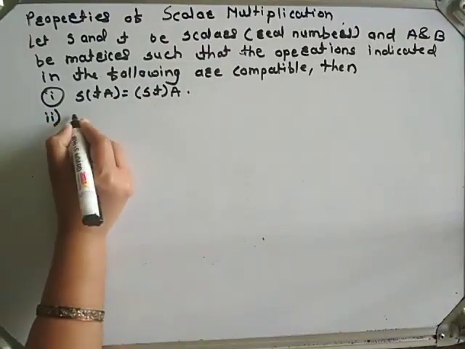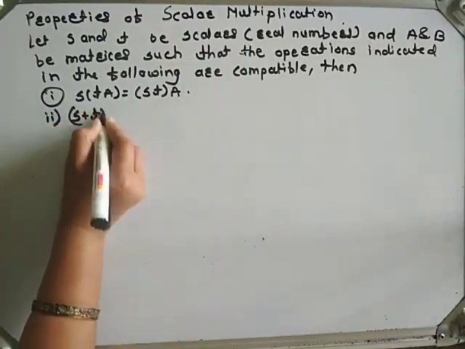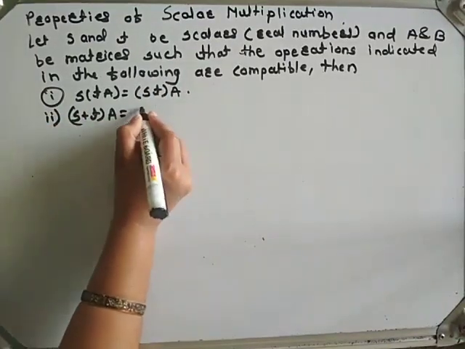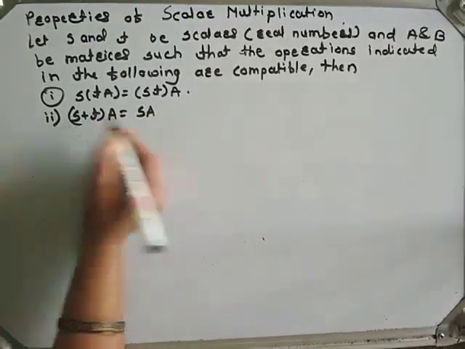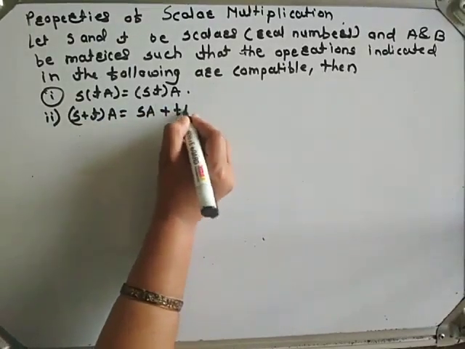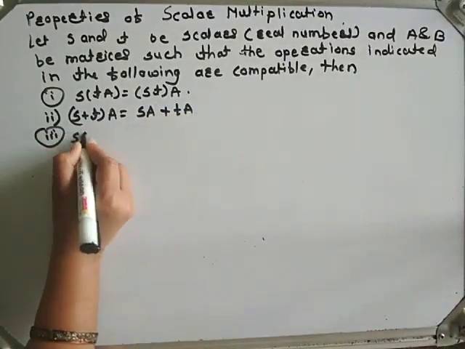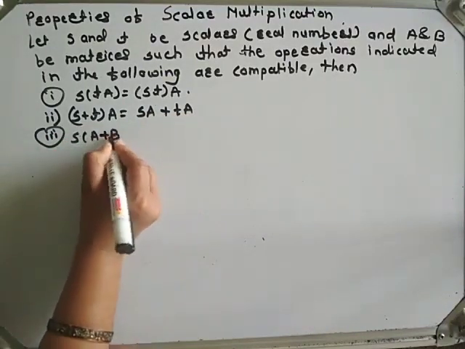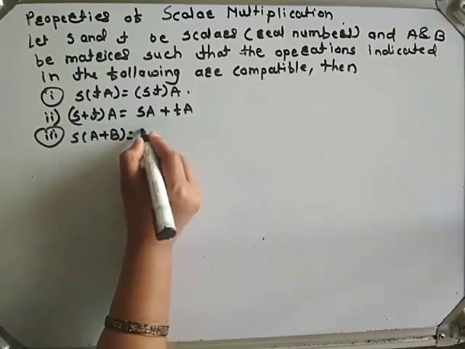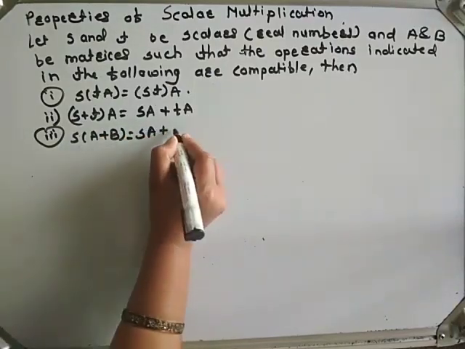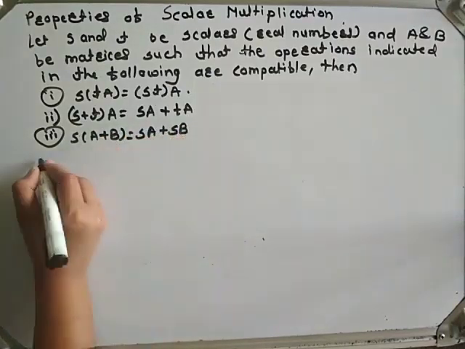Second is (S plus T) into A is equal to SA plus TA. Third property is S into (A plus B), which is equal to SA plus SB.